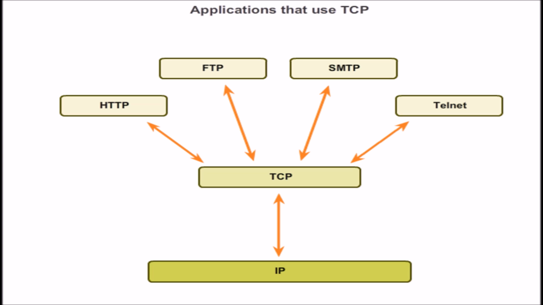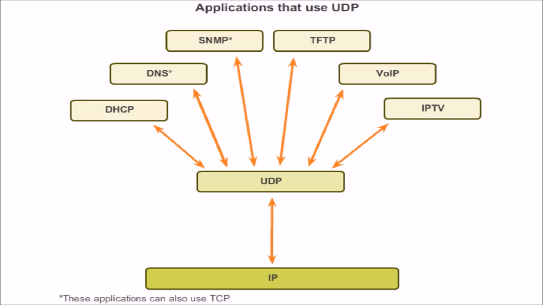The application can simply send the data stream to the transport layer and use the services of TCP. Applications that use TCP include Hypertext Transfer Protocol (HTTP), File Transfer Protocol (FTP), and Simple Mail Transfer Protocol (SMTP).